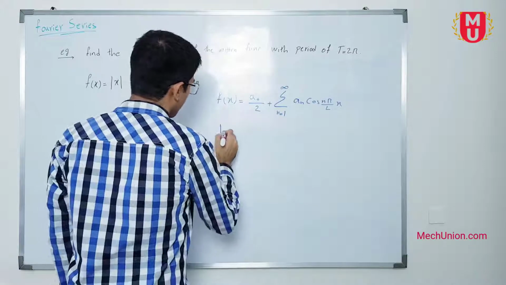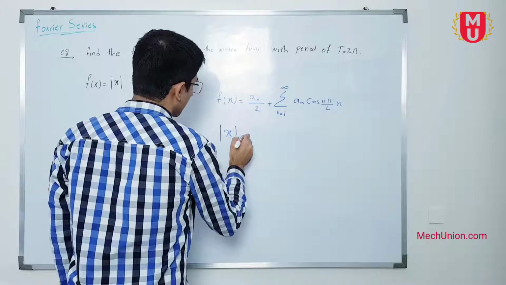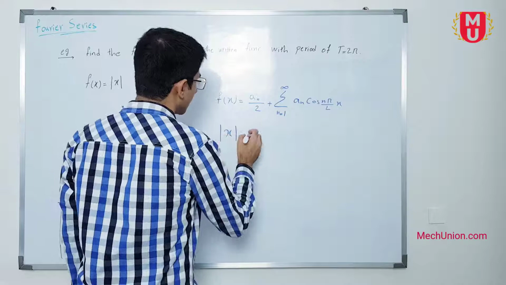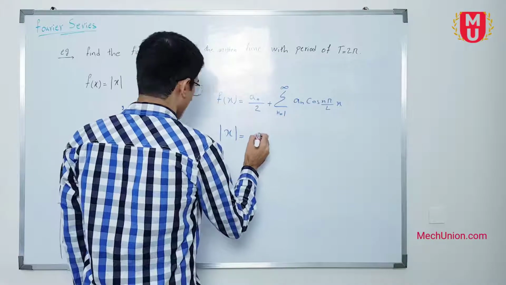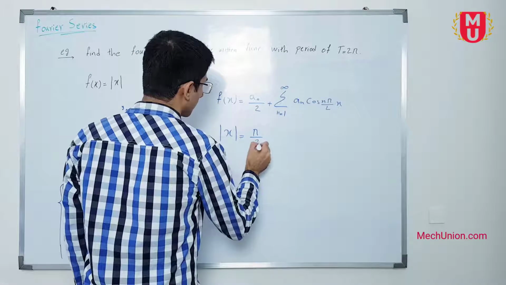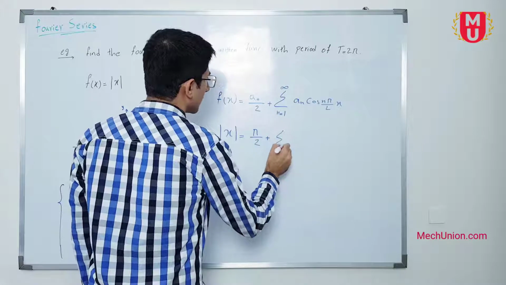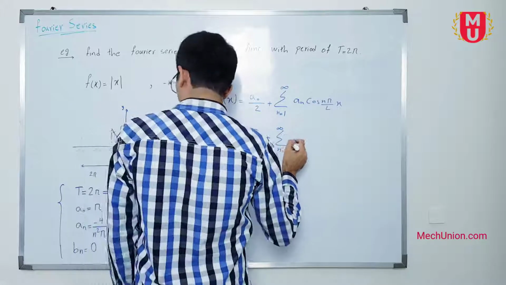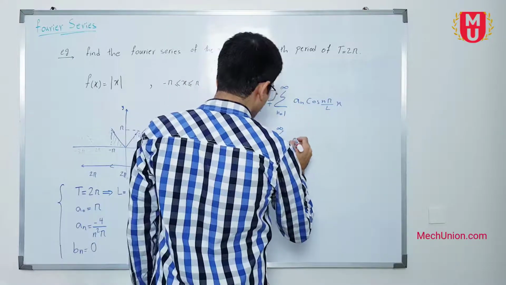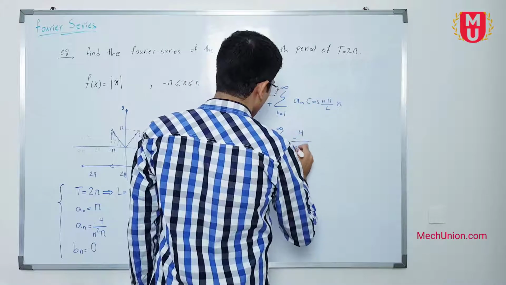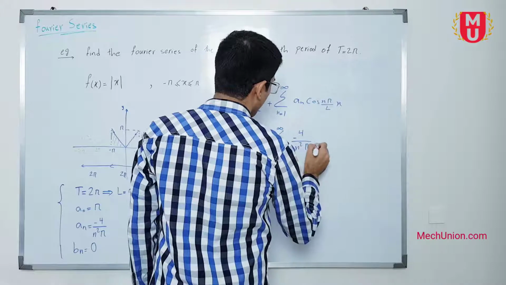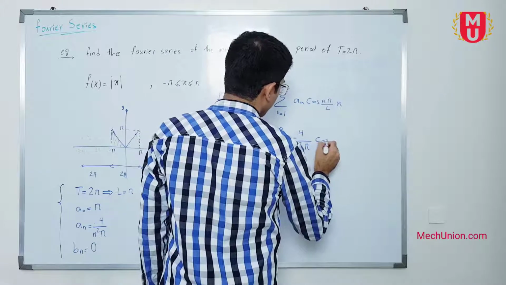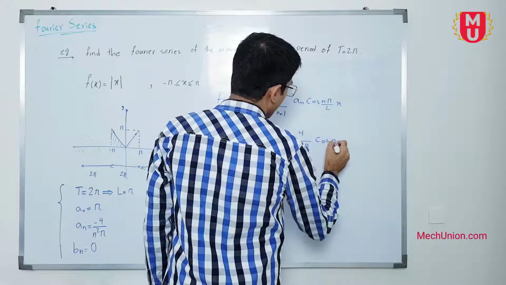We will have absolute x equals a naught over 2, which is pi over 2, plus summation of n equals 1 to infinity of a_n, which is minus 4 over n² pi, times cosine n x.